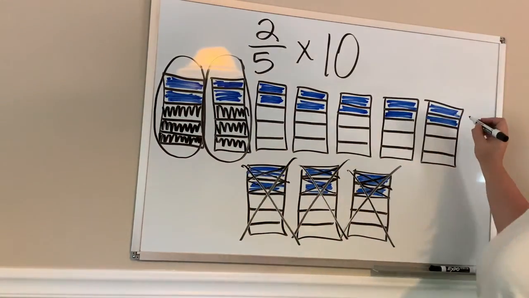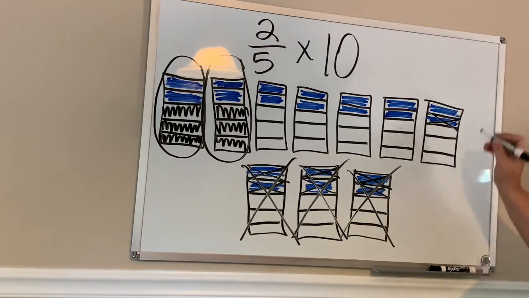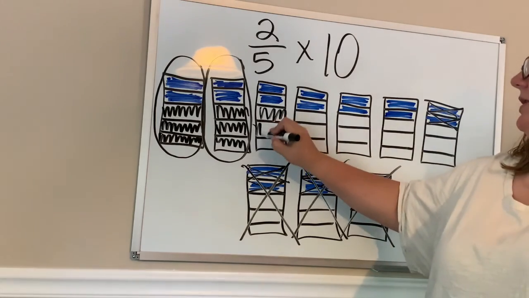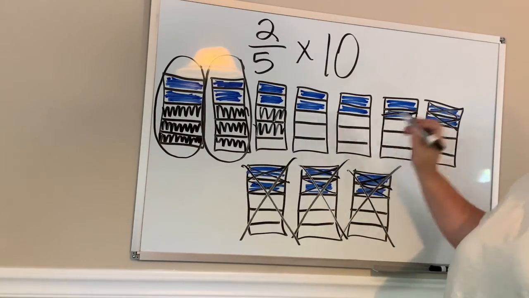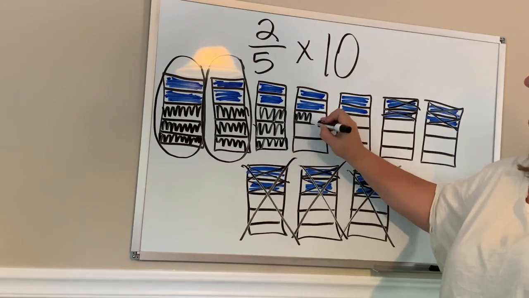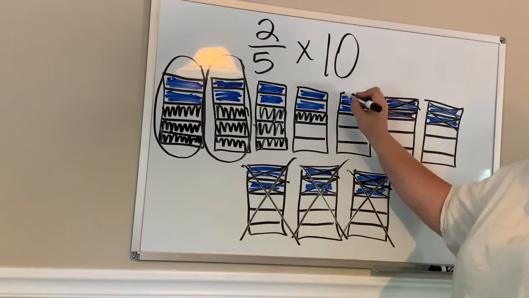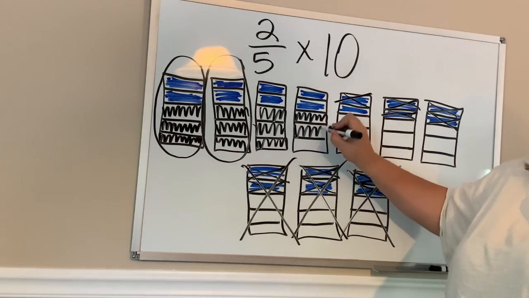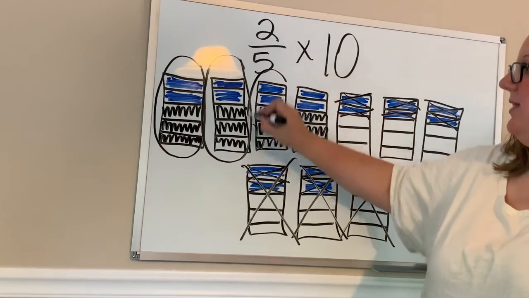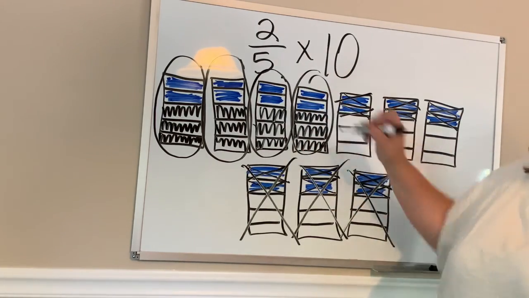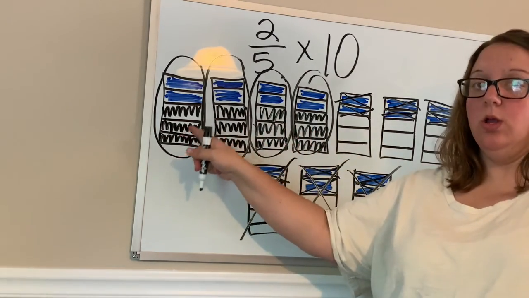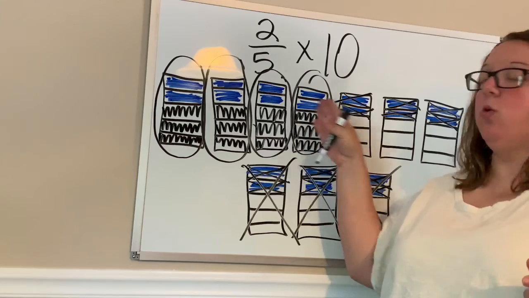So let's keep going. Now I'm going to take this piece, move it here, this piece here, this piece here, this piece here, this piece here, and this piece here. So I've made this into a whole and this into a whole. So now what that means is now I have 4 whole rectangles. I filled in 4 whole rectangles.